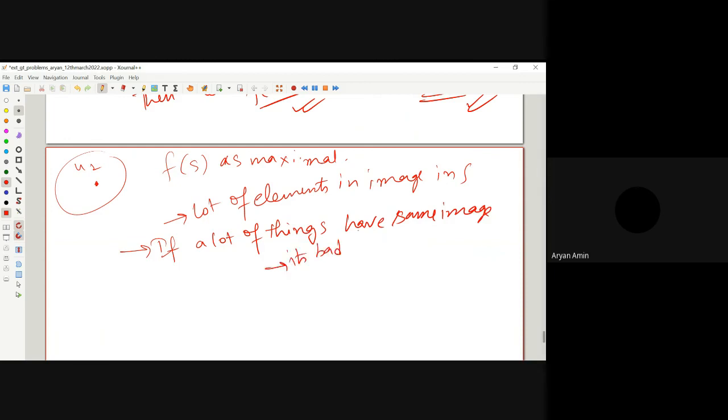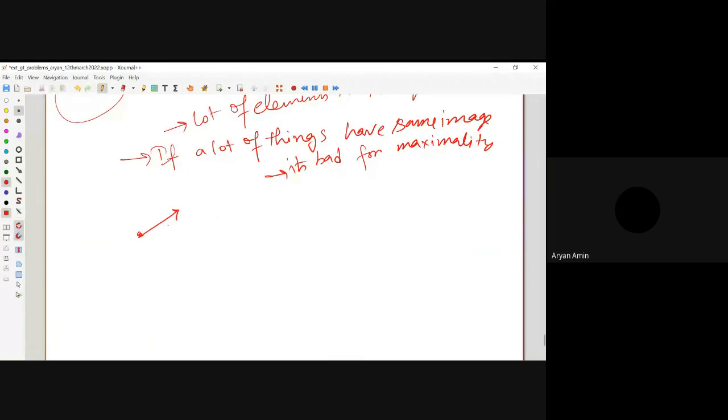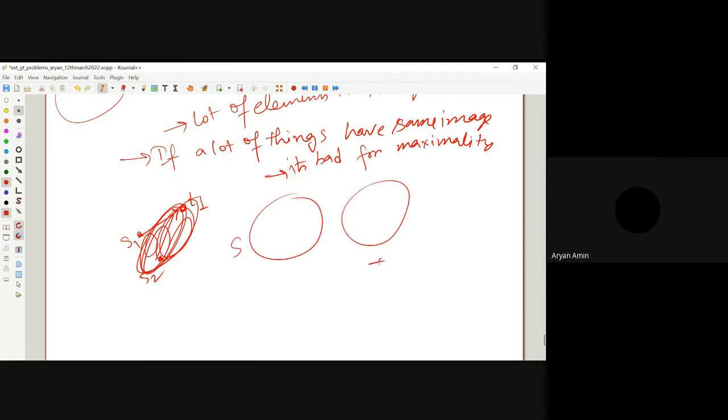What I mean is, suppose you had someone in U going to S1 and then someone in S2 going to, so suppose this was S and this was T. Suppose you had a guy in S going to somewhere in T and a guy here going to here and a guy going to here as well.